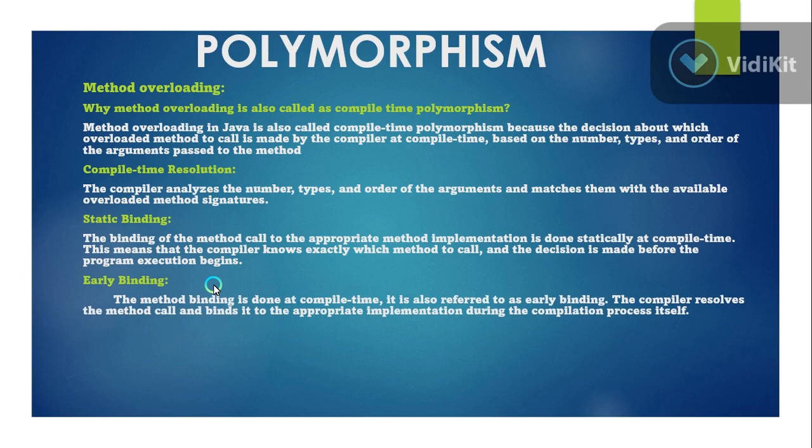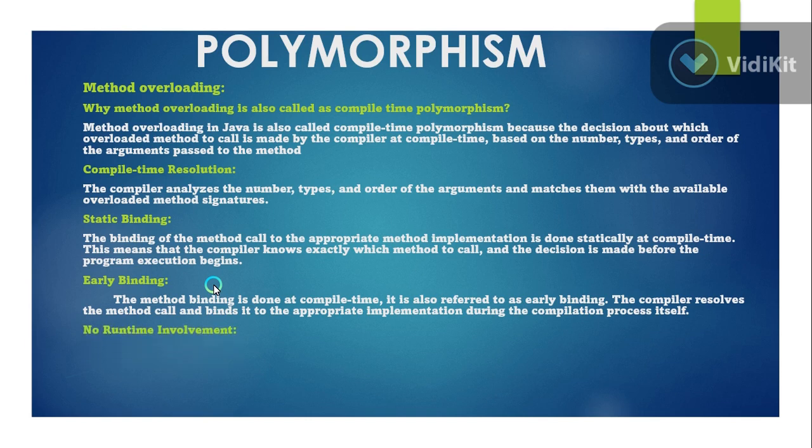The compiler resolves the method call and binds it to the appropriate implementation during the compilation process itself. Which method is bound and which method is triggered, everything is decided early. That's why this is called compile time polymorphism.